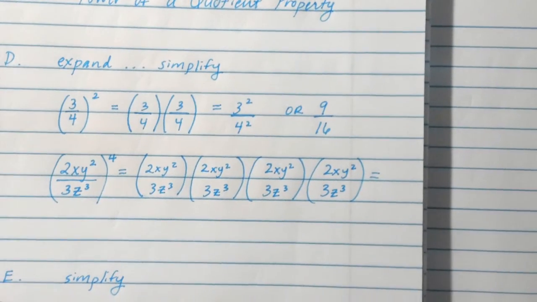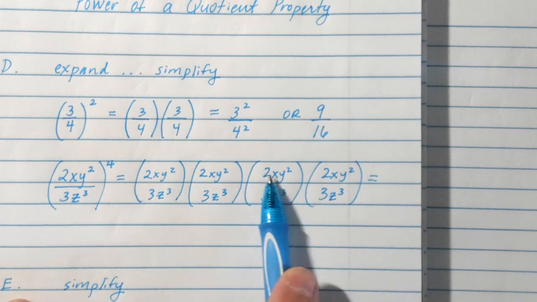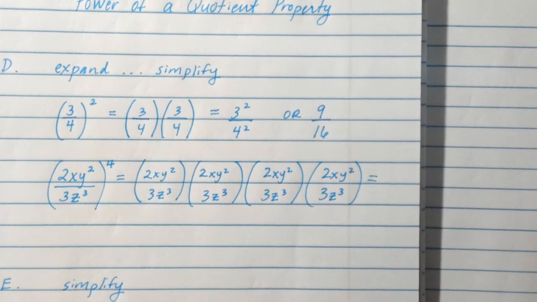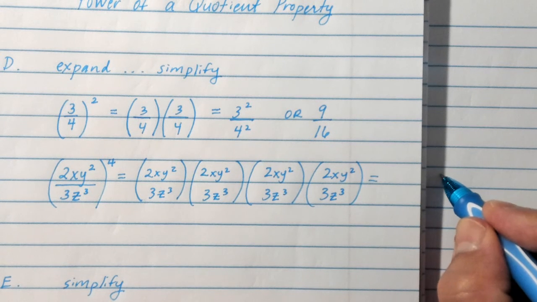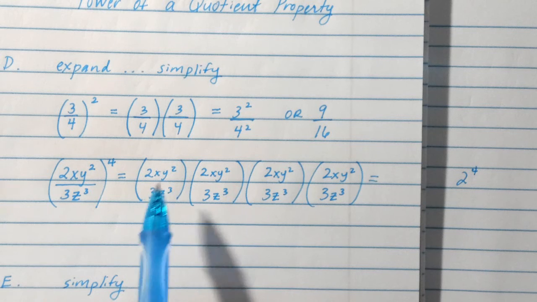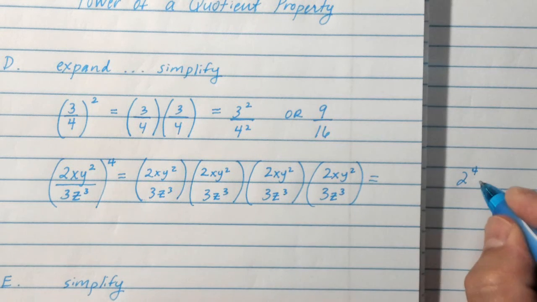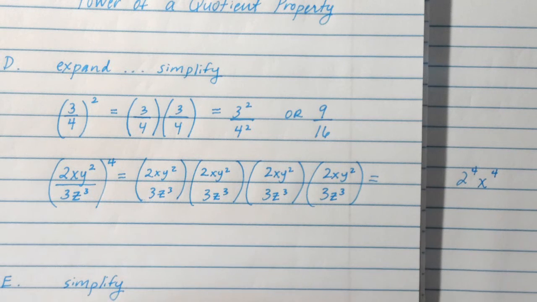There we go. So anyways, 2 times 2 times 2 times 2 is 2 to the 4th. And then you got x times x times x times x, which is x to the 4th.